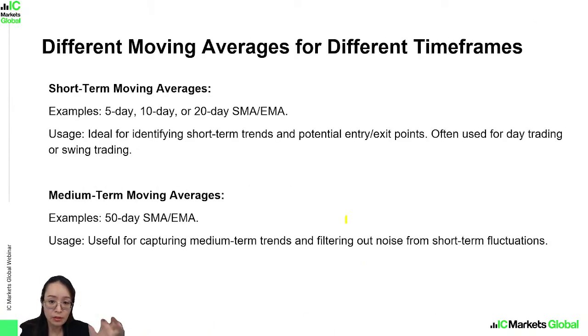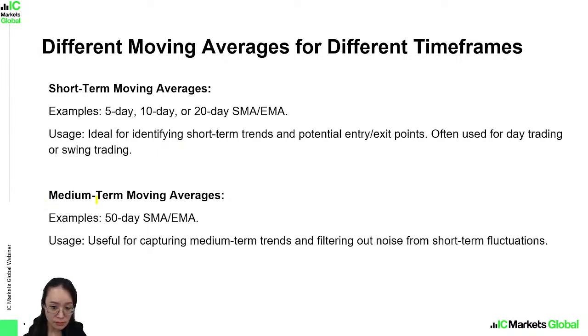Okay, so the difference for moving averages from different time frames, like I just mentioned: for the short term, you can use EMA or SMA 5, 10 or 20, because the usage idea is identifying the short-term trend and potential entry and exit points, often used for day trading or swing trading.